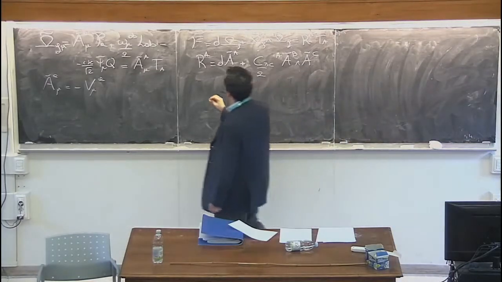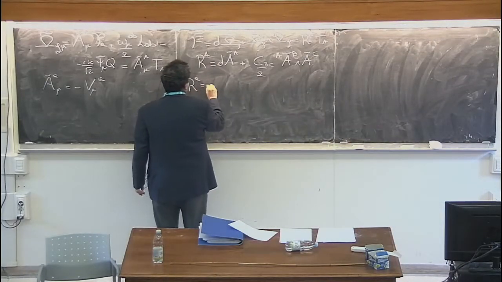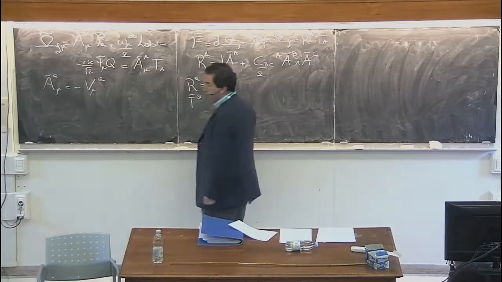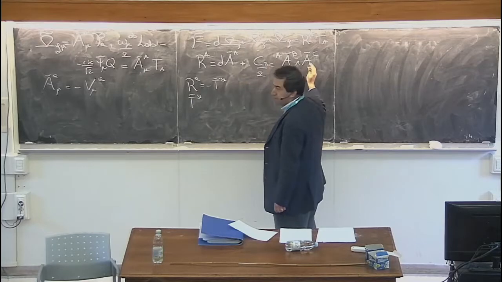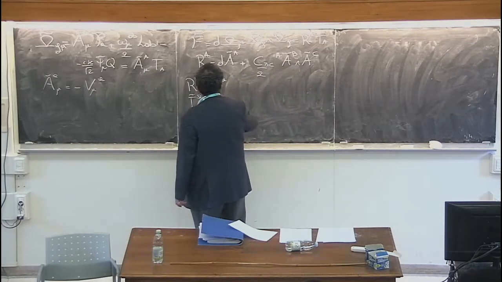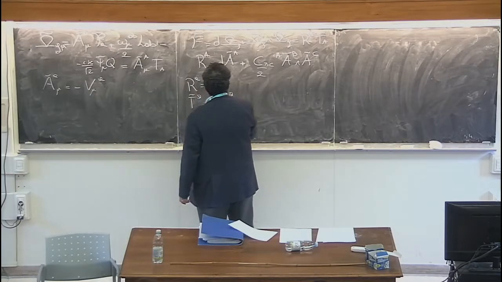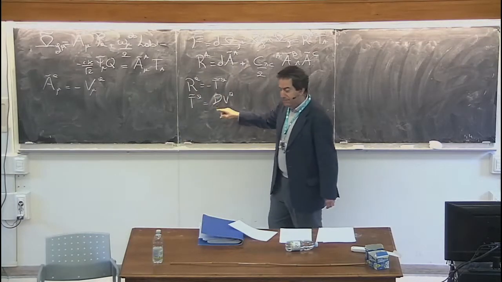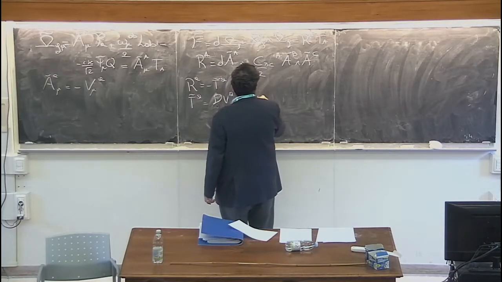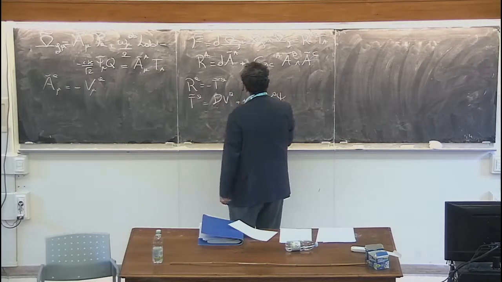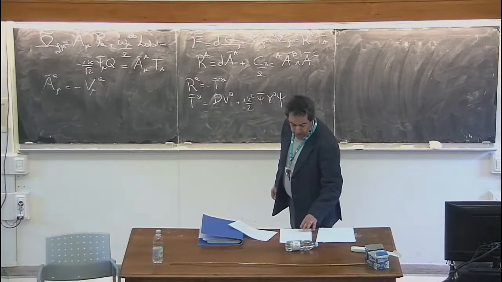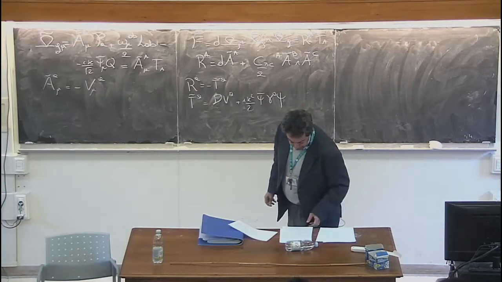Then RA is minus TA. So TA, call it tilde because it's the super torsion. Here, I read it off from here, and that's dVA, or better, the Lorentz covariant derivative of VA, plus I k squared divided by 2 psi bar gamma A psi. This is the definition of super torsion.